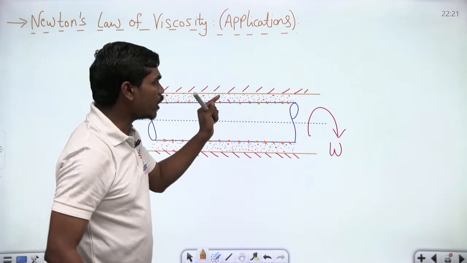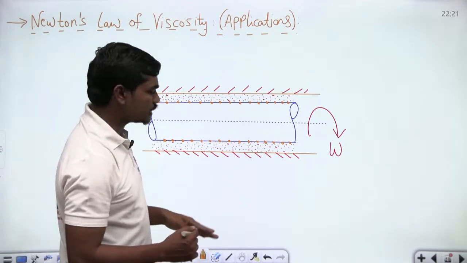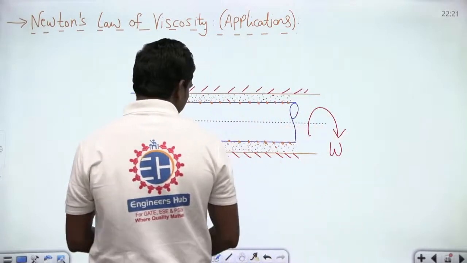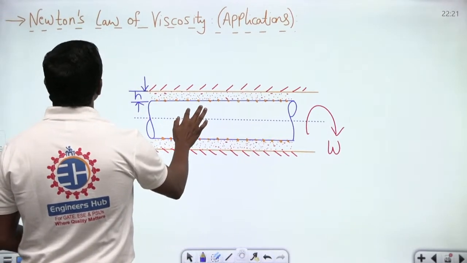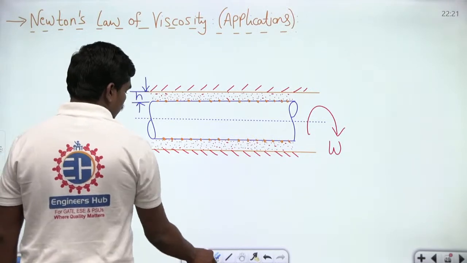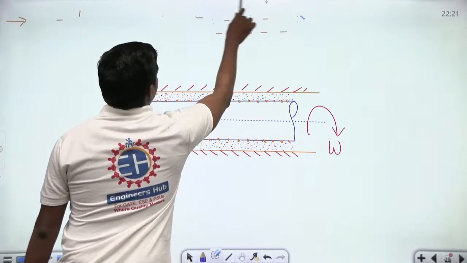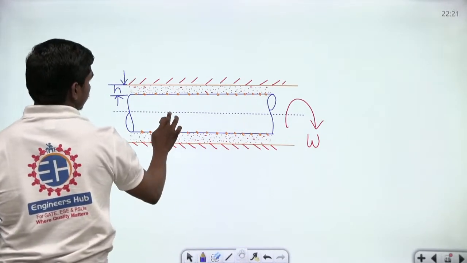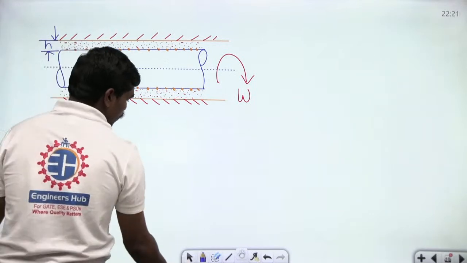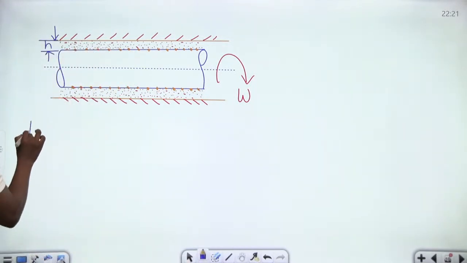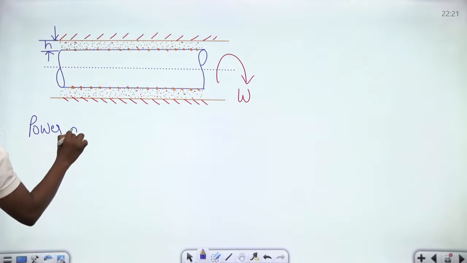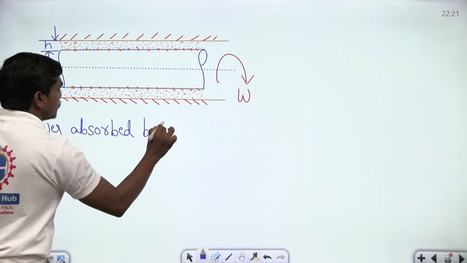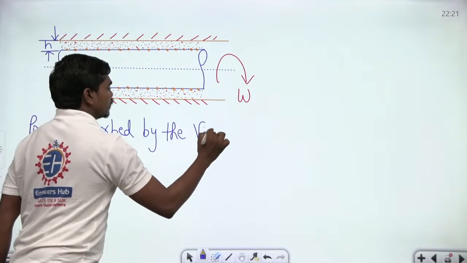In that case, if you want to write the equation for power absorbed, then let us quickly write what is the power absorbed in the bearing. Let us try to remove this. Fine. So, if this is the case, we can write power absorbed by the viscous fluid.